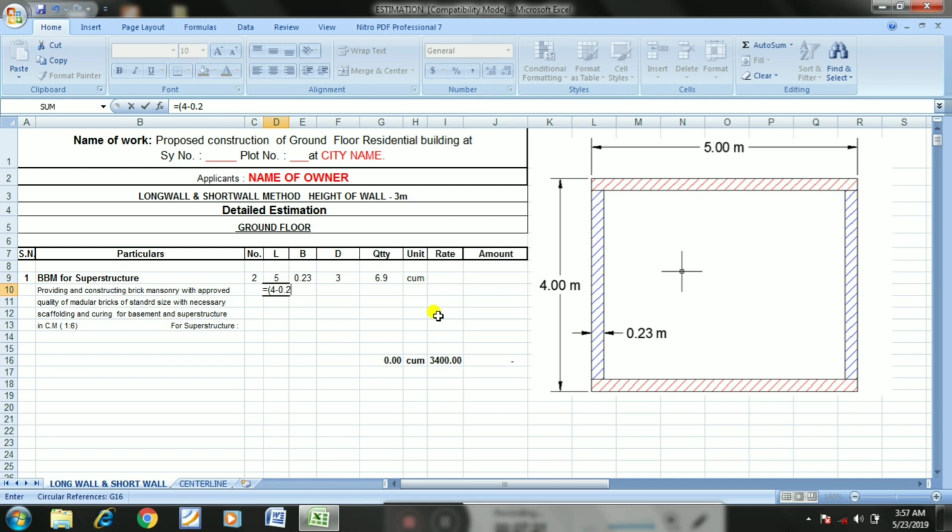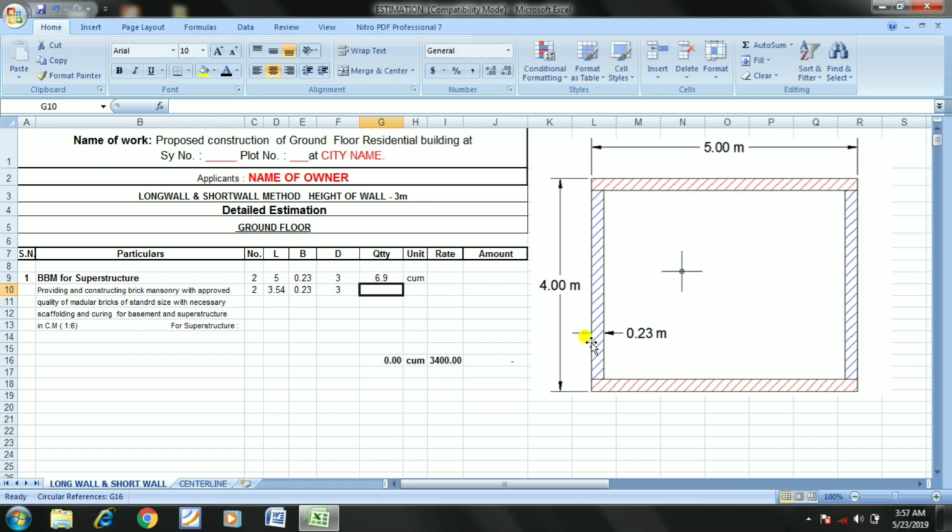So 4 minus 0.23 minus 0.23. Inner to inner, that is the inner dimension, is 3.54, and its width is again the same 0.23. The depth of the wall will be the same, 3 meter.